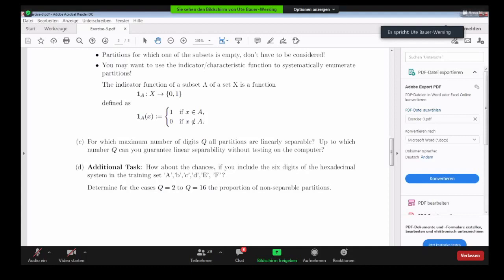But if this is not the case, they are linearly separable. What about 4 digits? Or let's ask the question the other way around: up to how many digits can you guarantee linear separability?